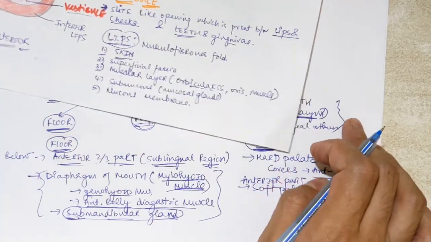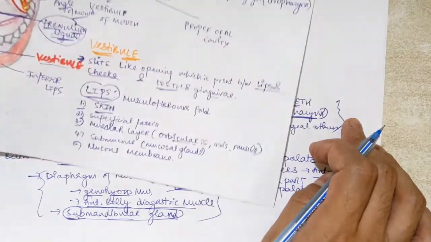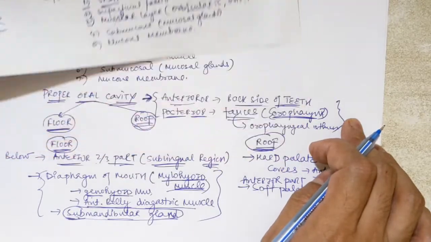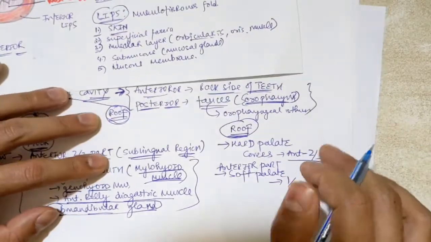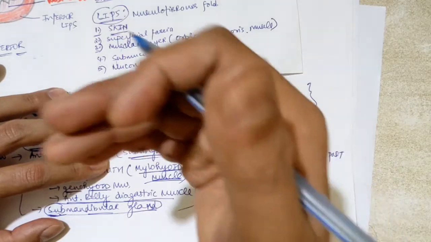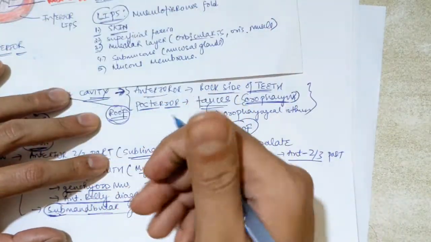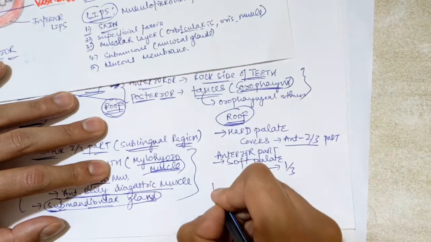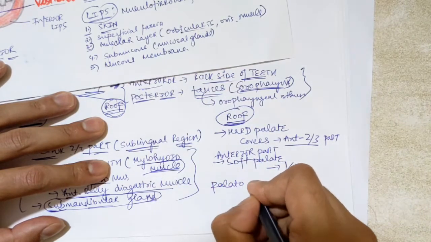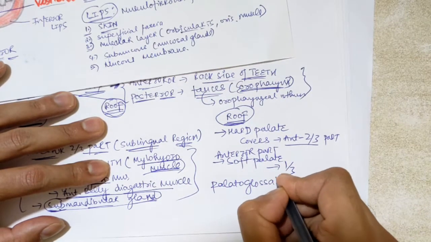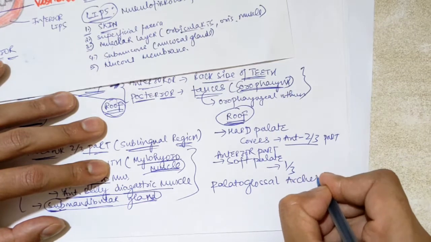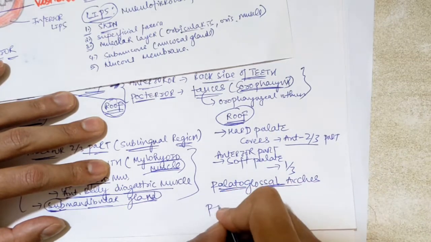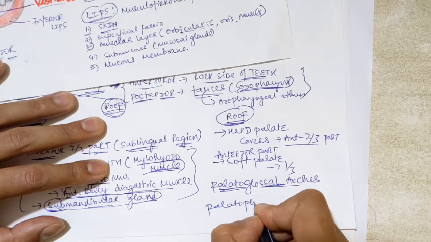Now in this roof there are some lateral structures which form the pillars for the roof, between the pillars and the muscles of your tongue. There are two arches: the palatoglossal arch and the second one, the palatopharyngeal arch.